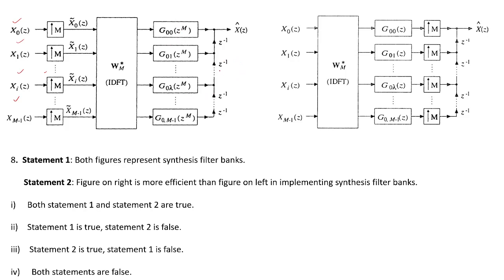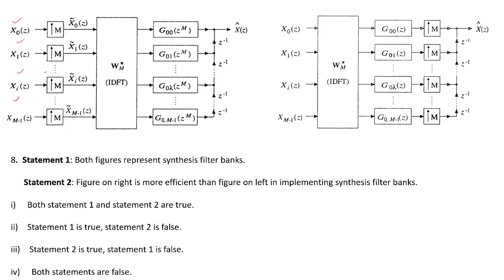So basically, you have different input sequences, you pass them through an upsampler block first, then you do the IDFT operation, then you pass them through some filters, then you add them up with different delayed versions of each other.